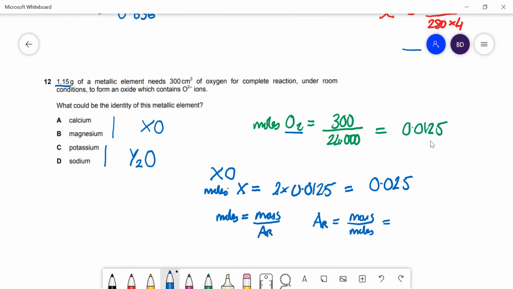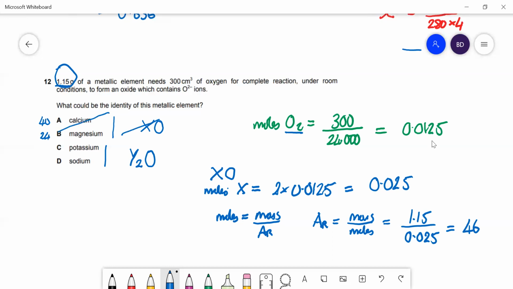The mass, it tells us, is 1.15 grams, divided by the moles, 0.025. That gives us 46. Now, the atomic mass of calcium is 40 and magnesium is 24. So 46 doesn't fit in at all. So it can't be either of those.